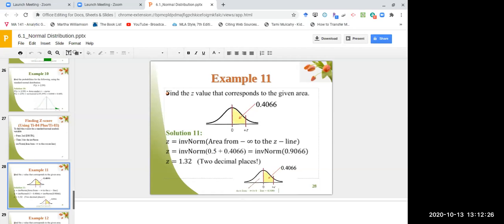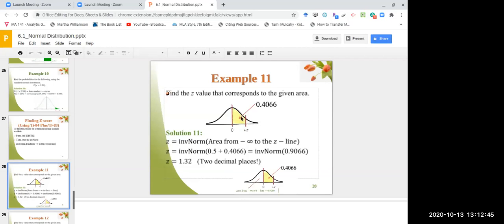Remember that since the entire area under the curve is 1, if you split the curve at 0, at the mode, then you have 50% of the area on either side of the curve.